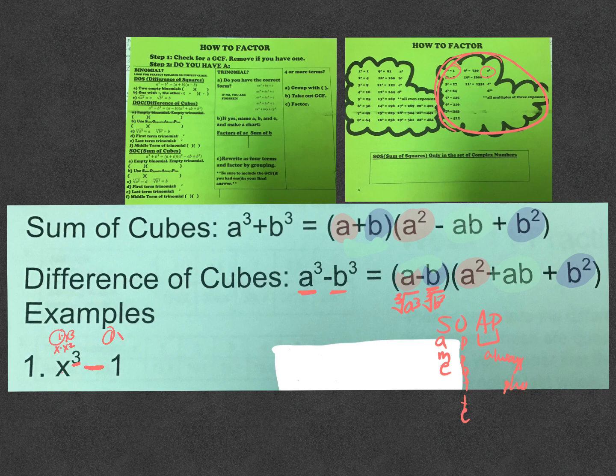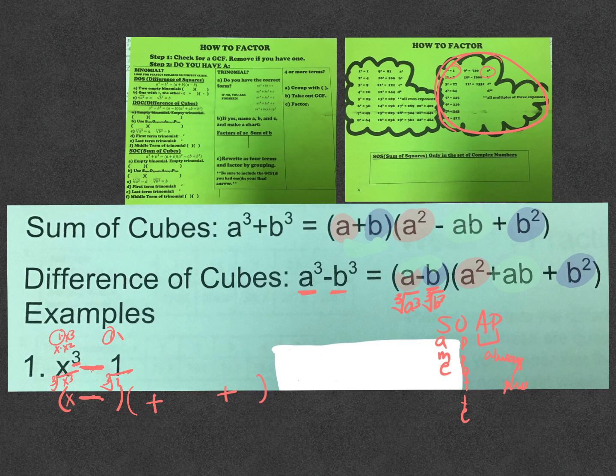So following the steps under difference of cubes, letter A says empty binomial, empty trinomial, use SOAP. The sign of your binomial is the same as the sign in the original. This sign and this sign are opposites, and the last sign is always plus. Now, to find what goes in your binomial, take the cube root of x cubed, that's x.